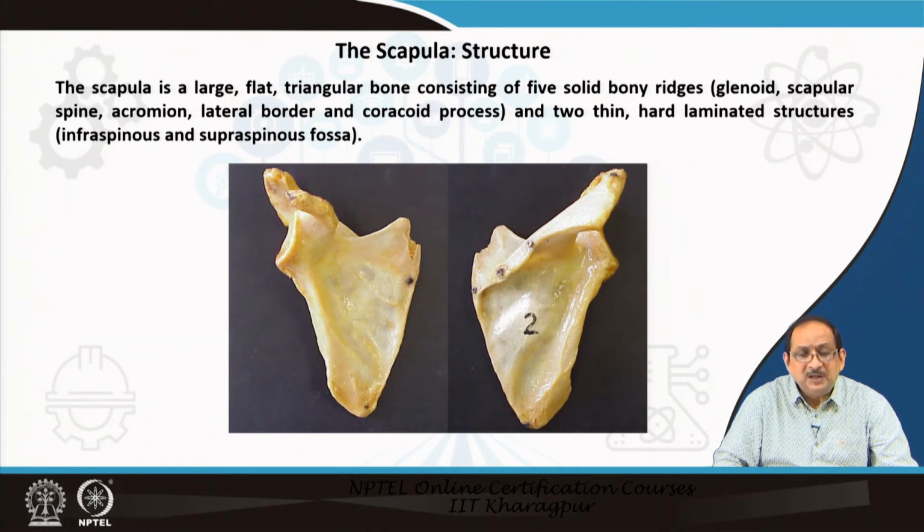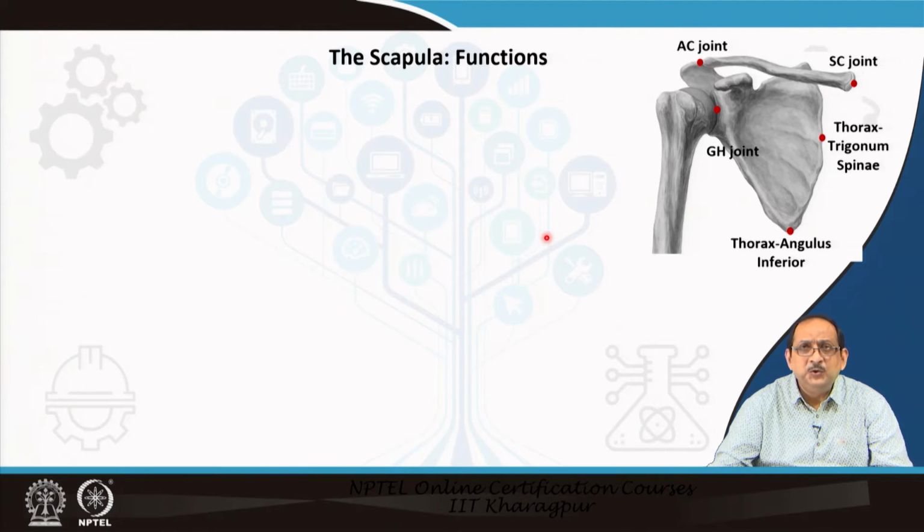The scapula is a large flat triangular bone, as you can see here in the figure, consisting of 5 solid bony ridges: glenoid, scapular spine, acromion, lateral border and coracoid process, and 2 thin hard laminated structures, the infraspinous fossa and the supraspinous fossa.